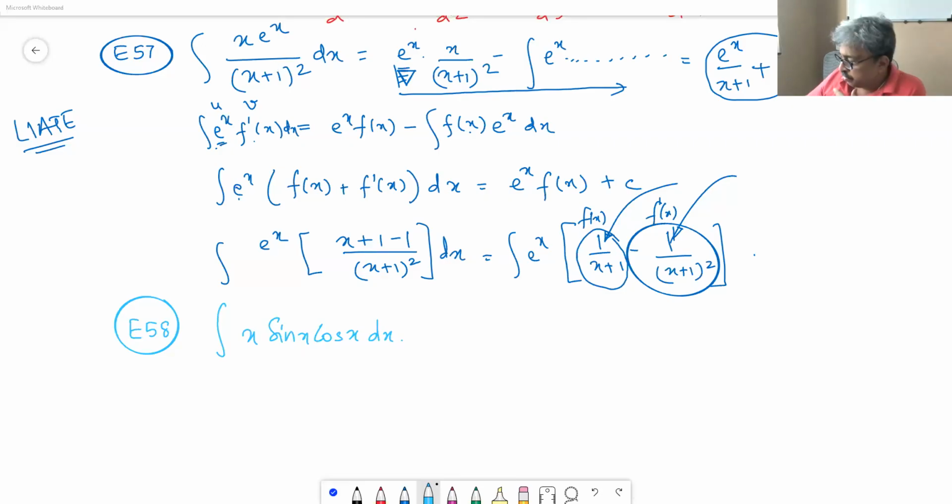Answer for this problem is minus x cos 2x by 4 plus 1 by 8 sin 2x plus c. Okay. Let me give you another problem, but my numbering will collapse anyway. It's okay.